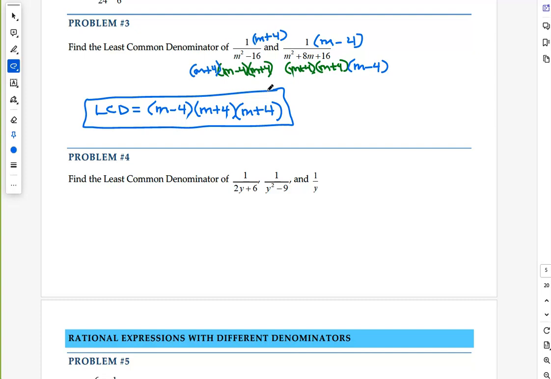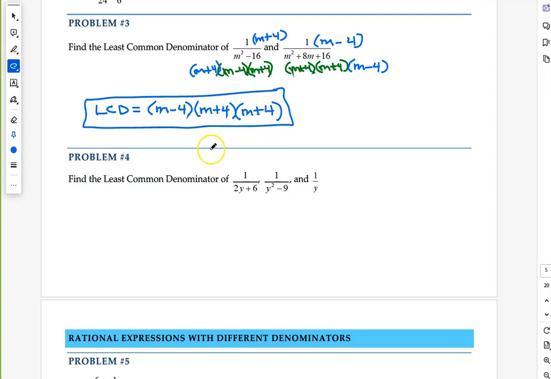All right, questions on that? On how to do that? So when the homework has you enter the answer, just make sure if it's asking for the LCD, you put m minus 4 in parentheses, m plus 4 in parentheses, and then another m plus 4 in parentheses.